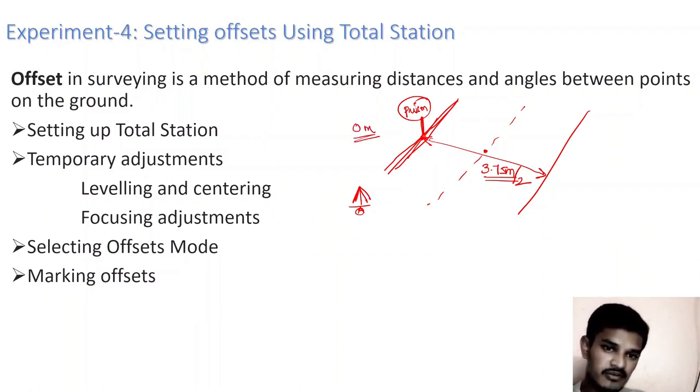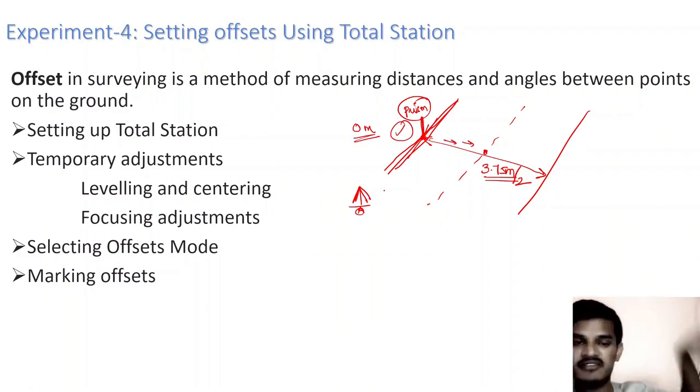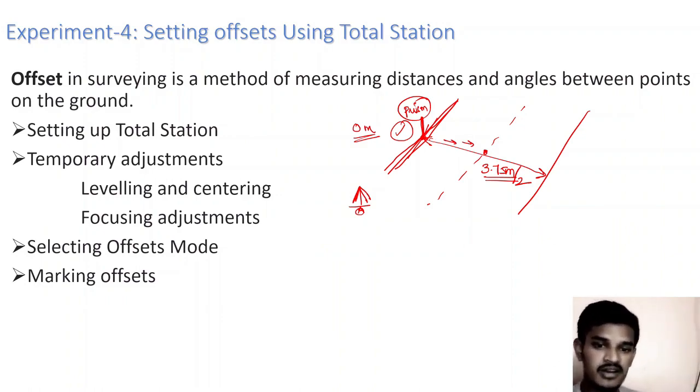After fixing this point, the follower will come this way, and the instructor will coordinate by signaling whether to move left or right, till he can see this distance as 1.875 meters. Then he will ask the follower to mark that point as the exact center line of this road.